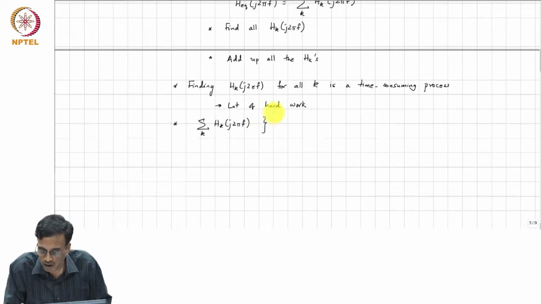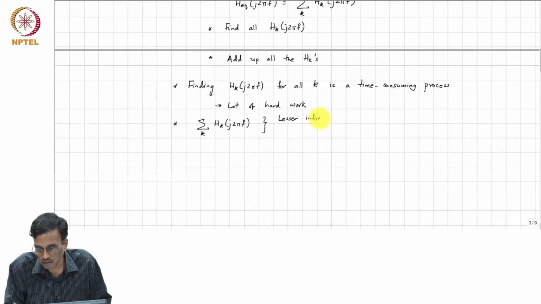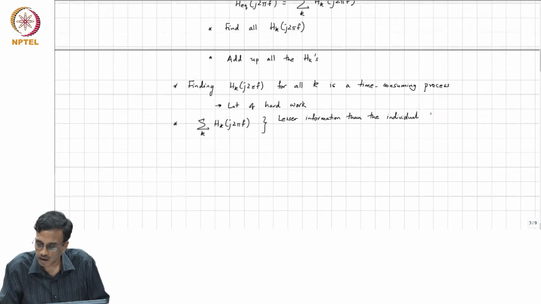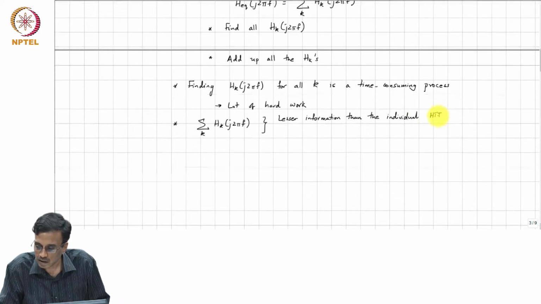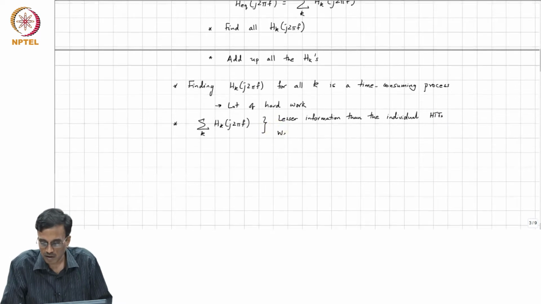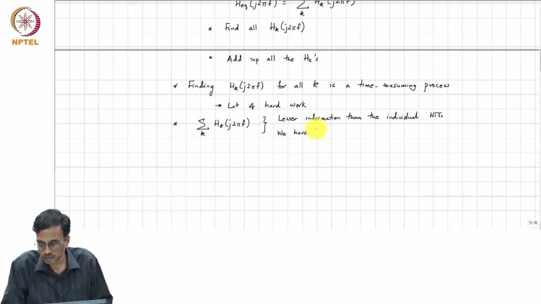So, this has got lesser information than the individual harmonic transfer functions, right. So, we have thrown a lot of information away.